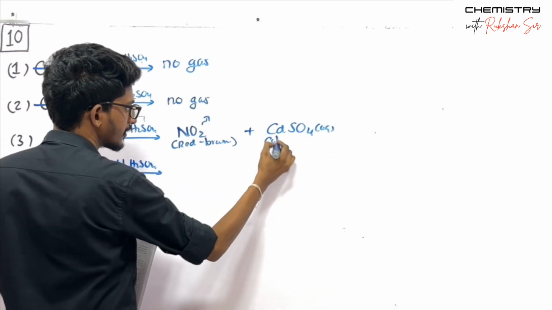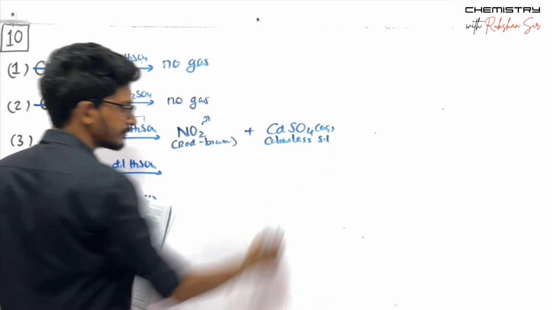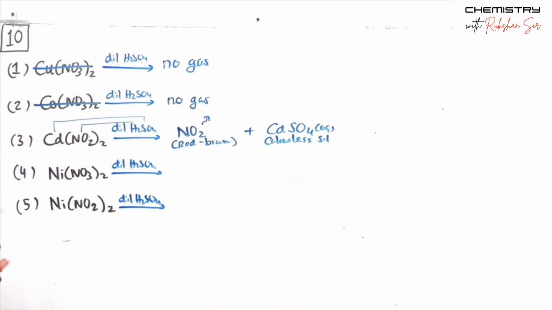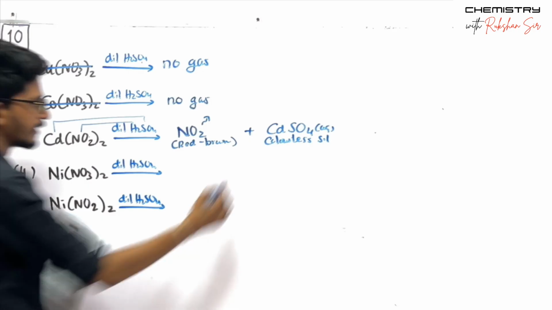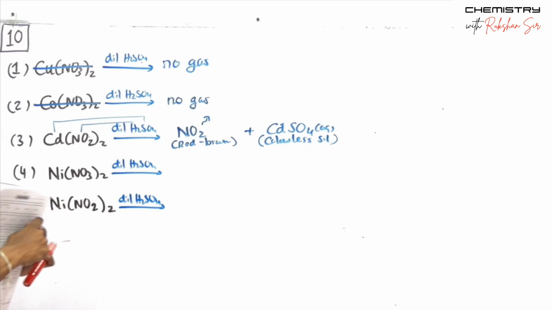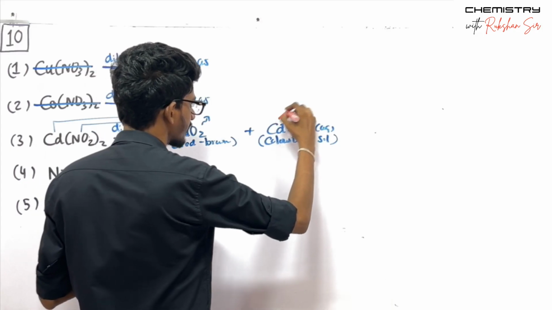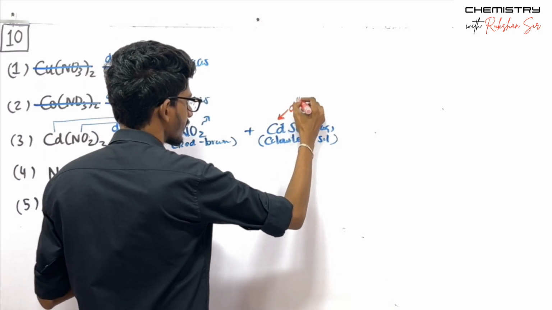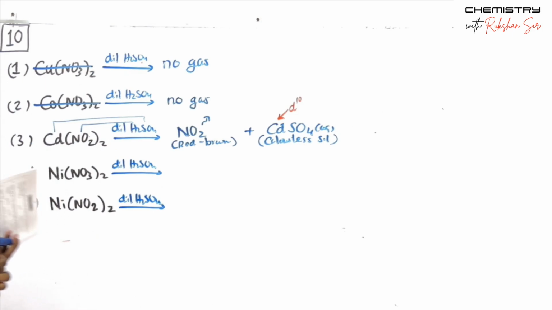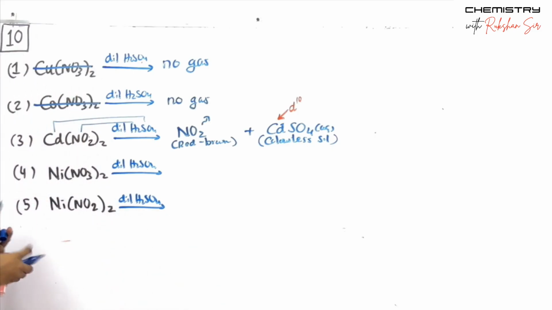This is a colorless solution, because sulfate ions won't come up with colors, but cadmium is another d10 cation. d10 cations are not colored. Even though other d-block cations are colored, d10 configuration is without color.